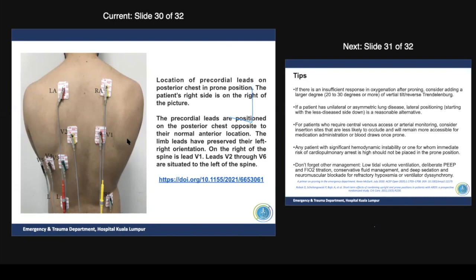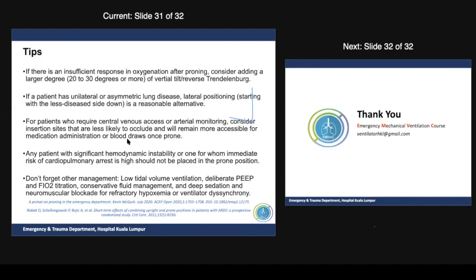Next, the last part, tips. These are a few tips which I got from these two papers. Remember I talked about reverse Trendelenburg, the degree of the bed. From the paper by Kevin McGurk, they mention that if the patient's oxygenation has no improvement, you can elevate the angle of the back elevation further.